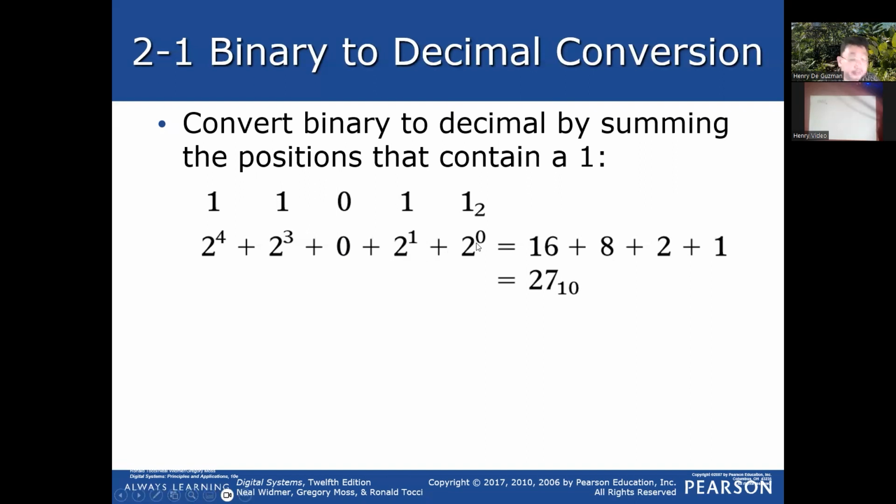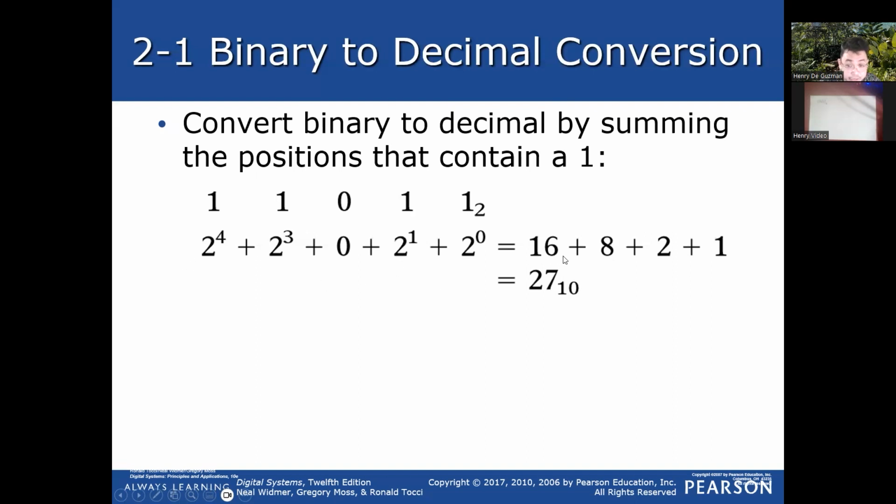Since the middle bit is 0, any number, let's say 2 to the 2 is 4, times 0, is 0. Whatever value you have there, multiplied by 0, is 0. But you have to add the powers of 2 that have a 1.